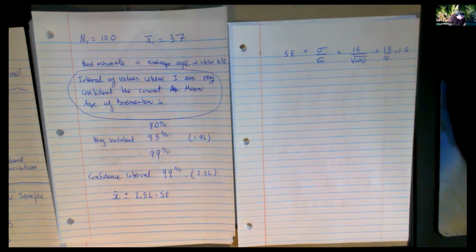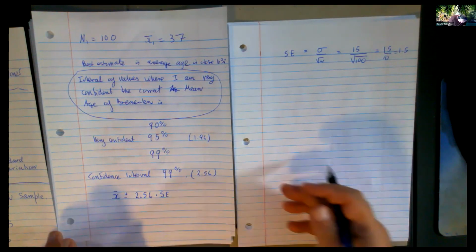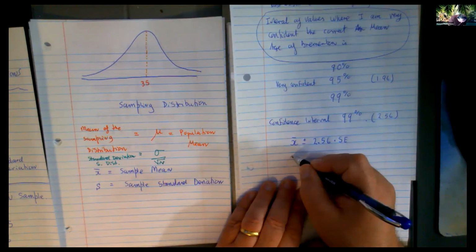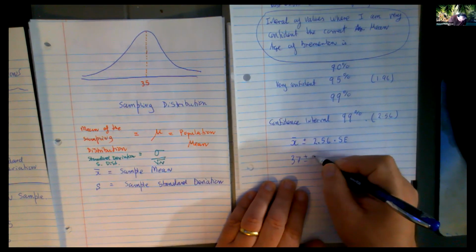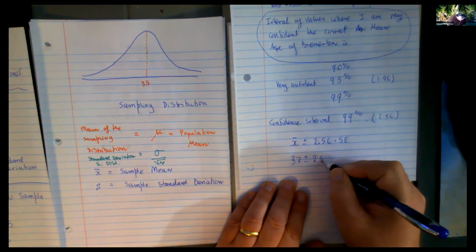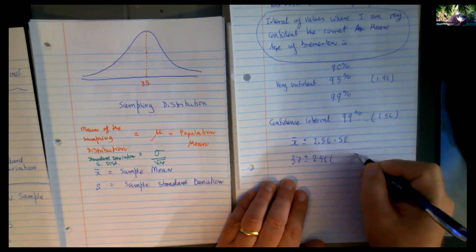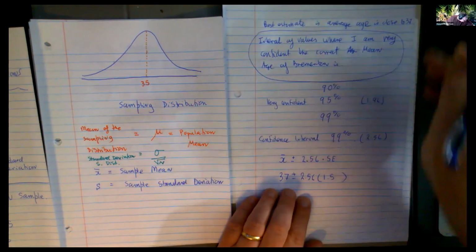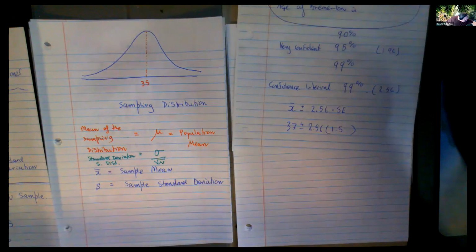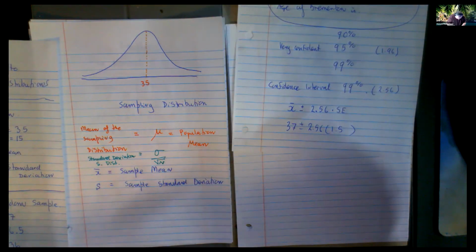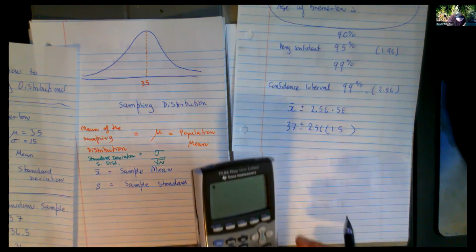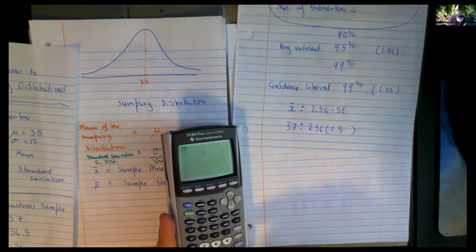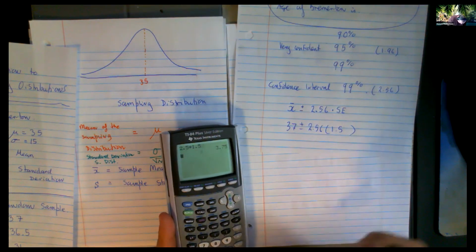So in my story, a 99% confidence interval was 37 plus or minus 2.56 times 1.5. Well, we just have enough time to do this, so it wasn't too bad. So here we go. 2.5 times 1.5 comes out as 3.75.